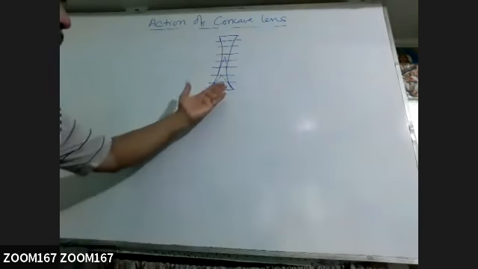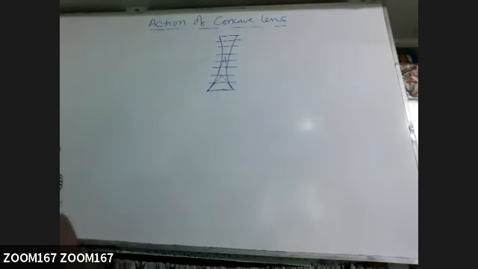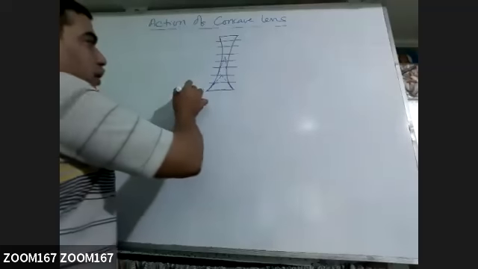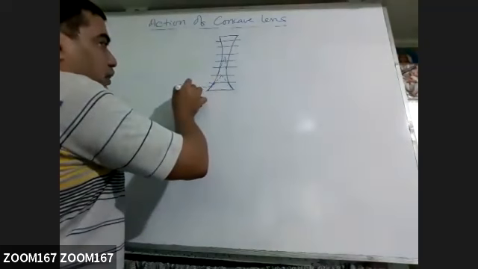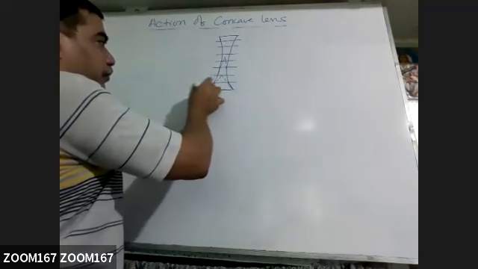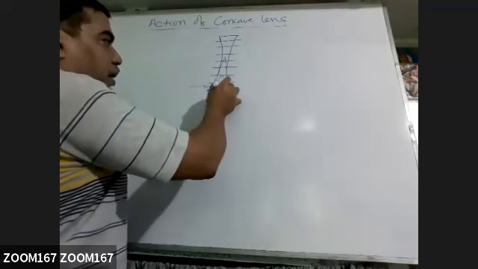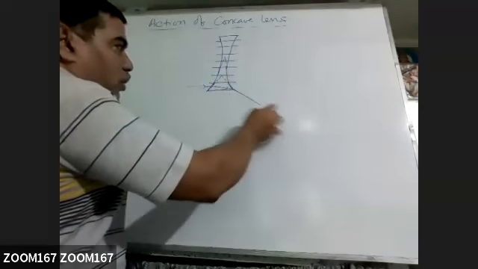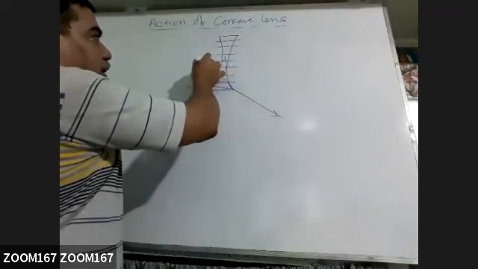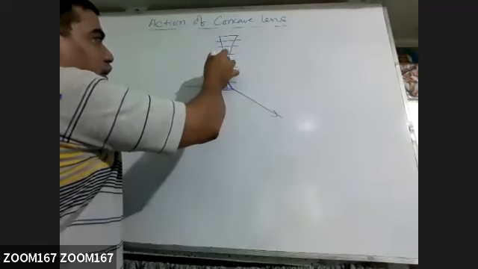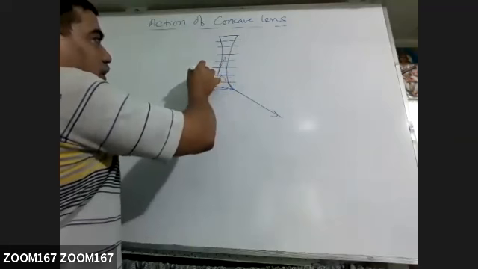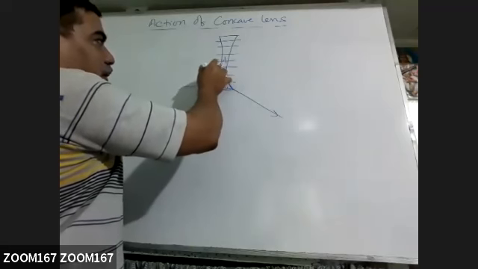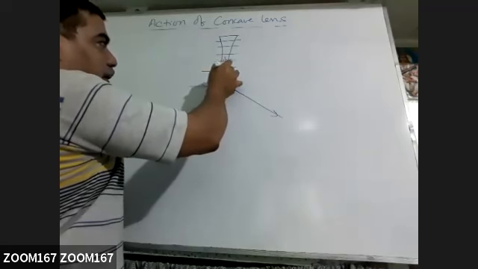Naturally, here also deviation will not be the same. So if this is the incident ray, this part will give more deviation, whereas the ray which is incident on this part will suffer less deviation.